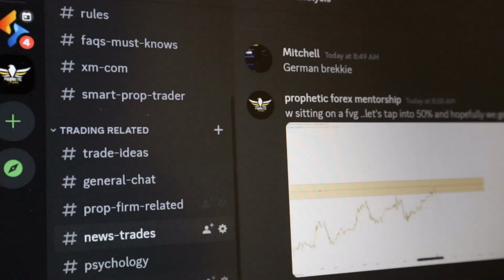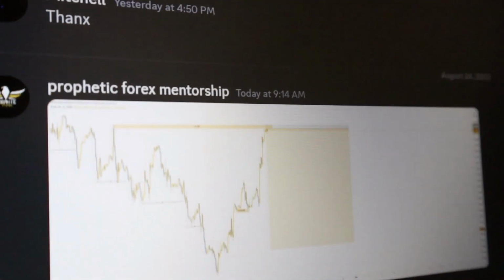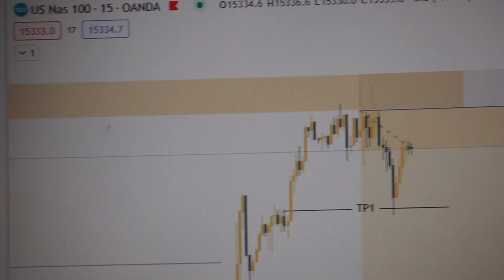And this is the NASDAQ setup that I sent, and as you can see, this is within the mentorship. This is how it looks, guys. It reacted off that zone, and this was the DEX30.